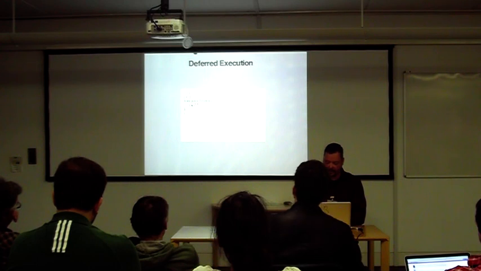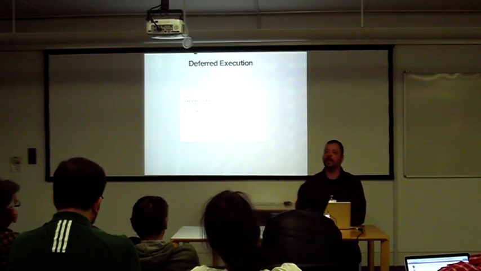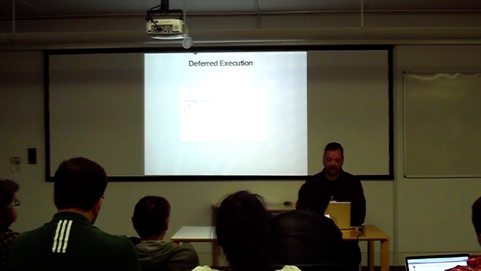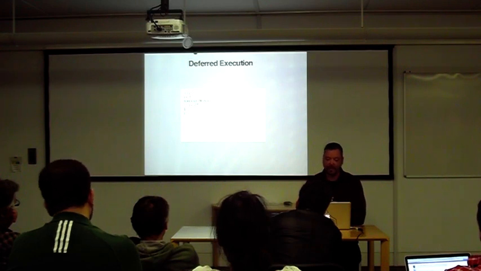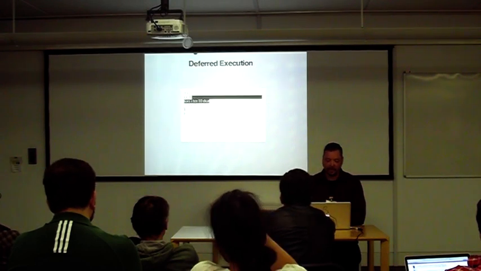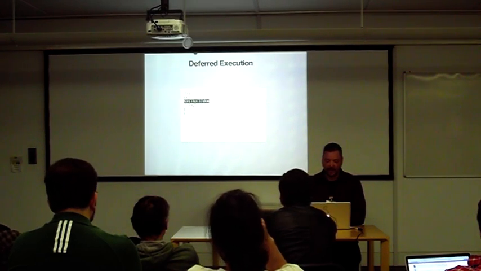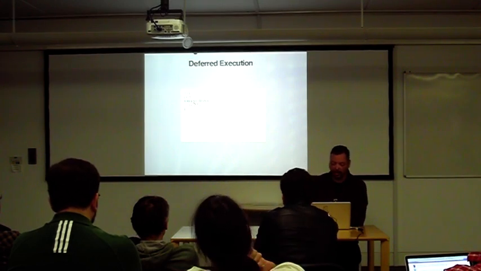I could write it like this, but if it's just a simple expression, you don't have to write these brackets there. Or I could write it like that, it makes no difference. And then there's another argument here. And so what happens is that this is compiled.